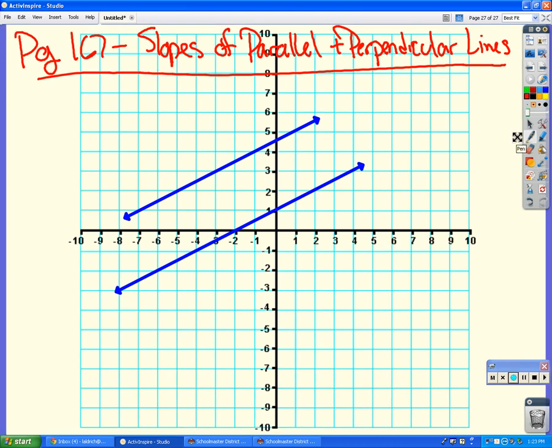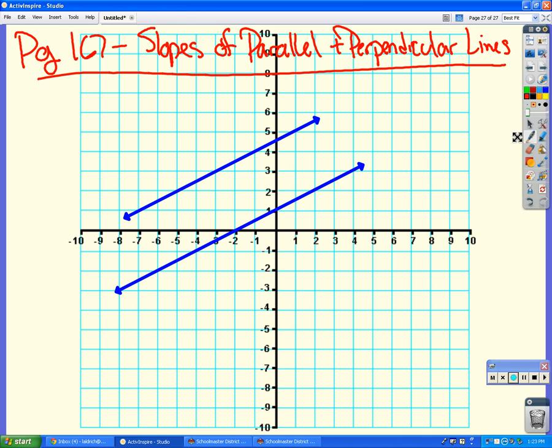And we're going to come up with two things about the slopes of parallel and perpendicular lines, which some of you, if not most of you, might be familiar with already. So hopefully this will be both easy and fun.